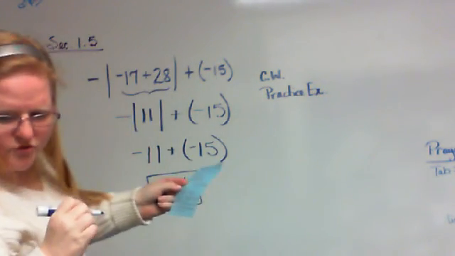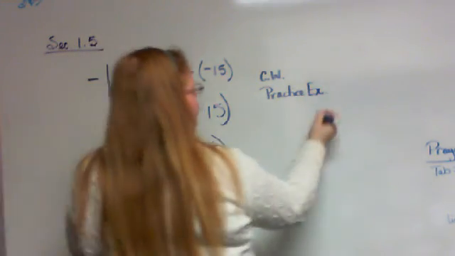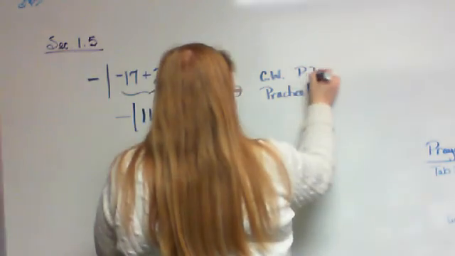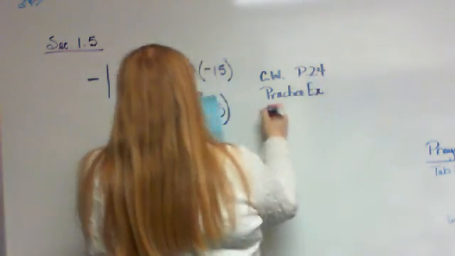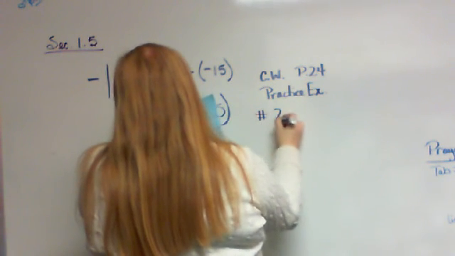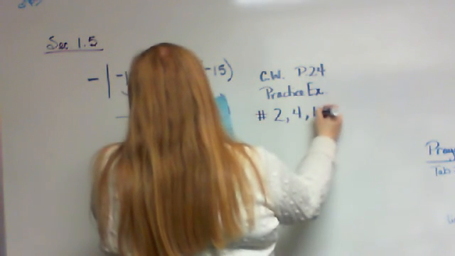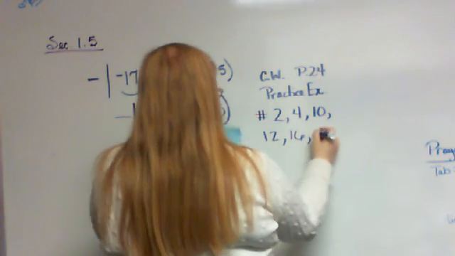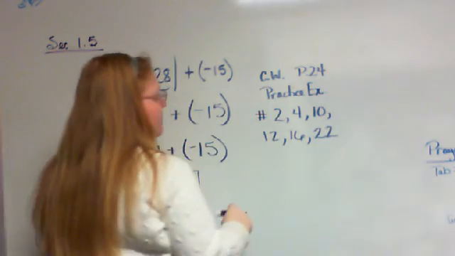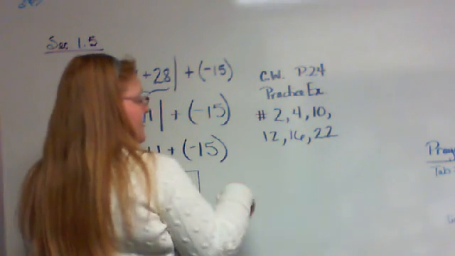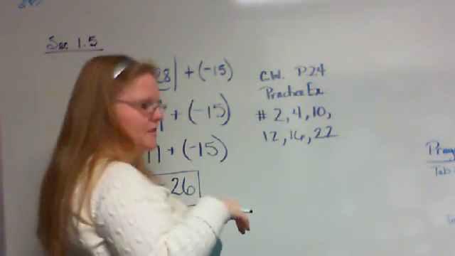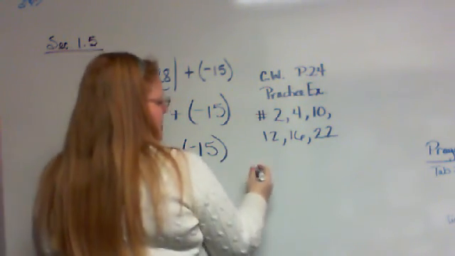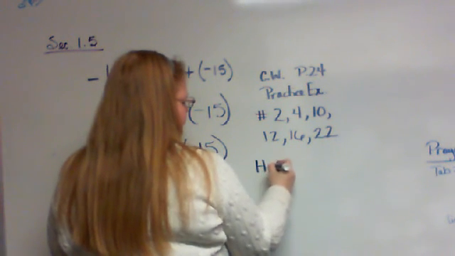On page 24, numbers 2, 4, 10, 12, 16, and 22. Once you do those 6, I know there are only 6. Wasn't that nice of me? Once you do those 6, you get to work on your homework.